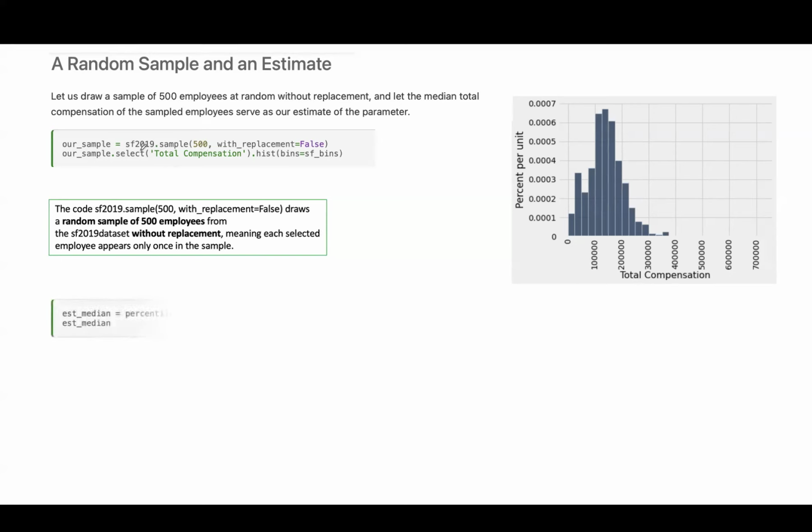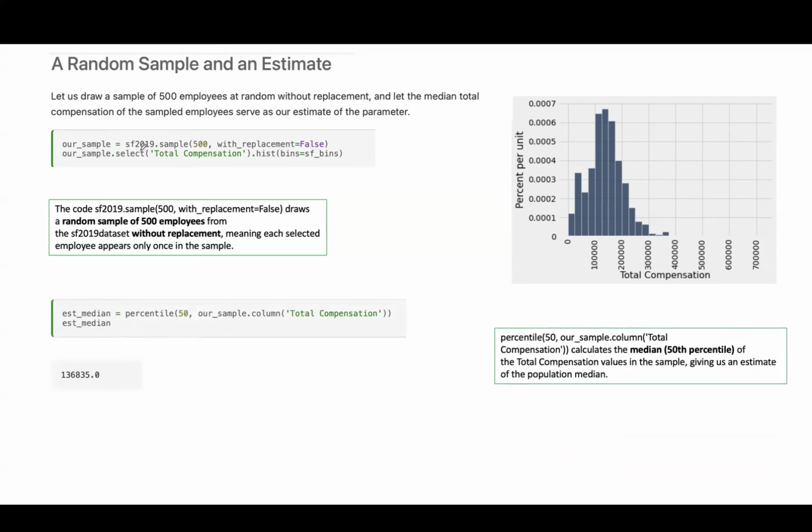Now let us estimate the median. We're going to use the percentile function, and it calculates the 50th percentile or the median of the total compensation. This is $136,835.